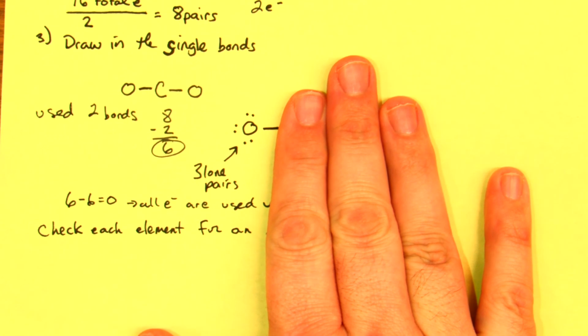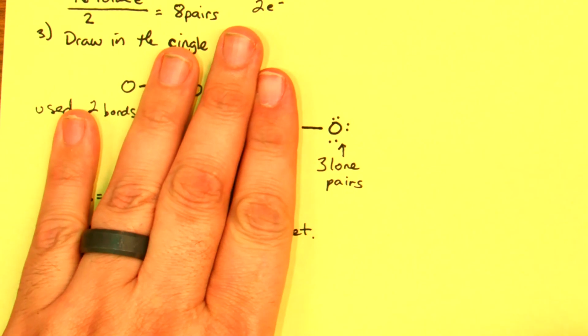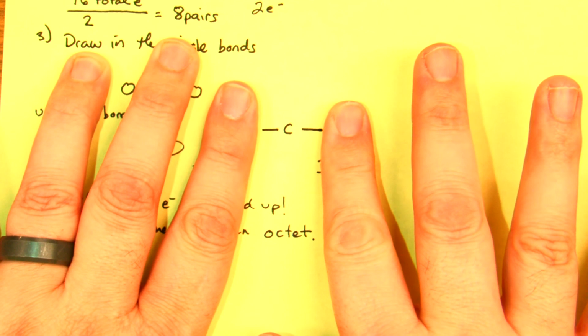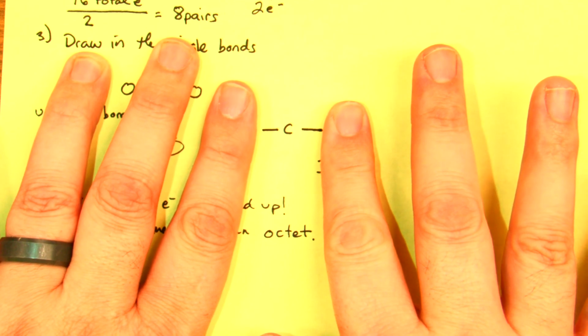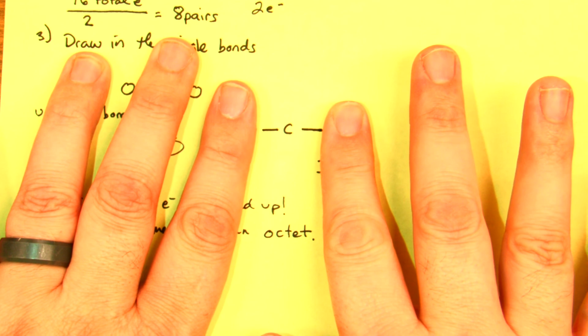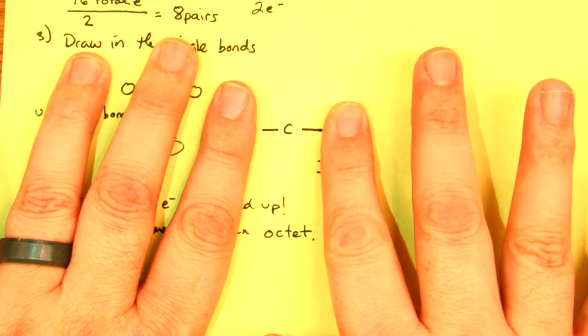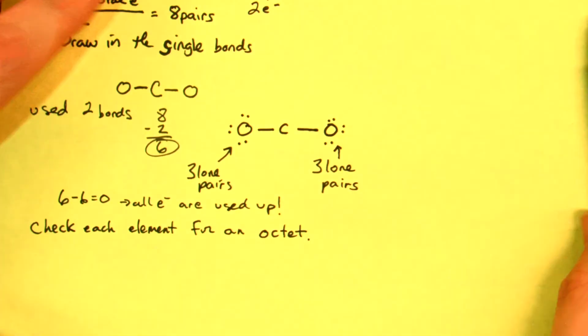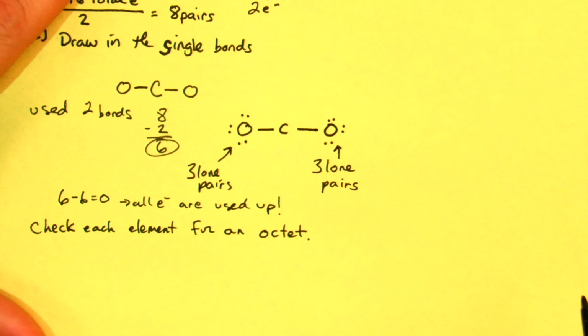That oxygen has 8. Does this oxygen have 8? How many does this carbon have? 2. Not 2. 4. Oh, because the line is like 2 connected. The line represents 2 electrons. So carbon only has 4, but how many does carbon actually need? For an octet, how many does carbon actually need? 8.